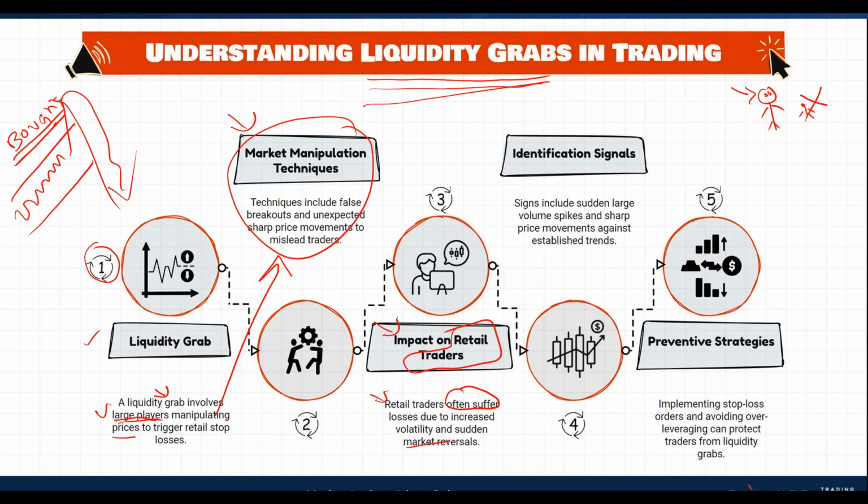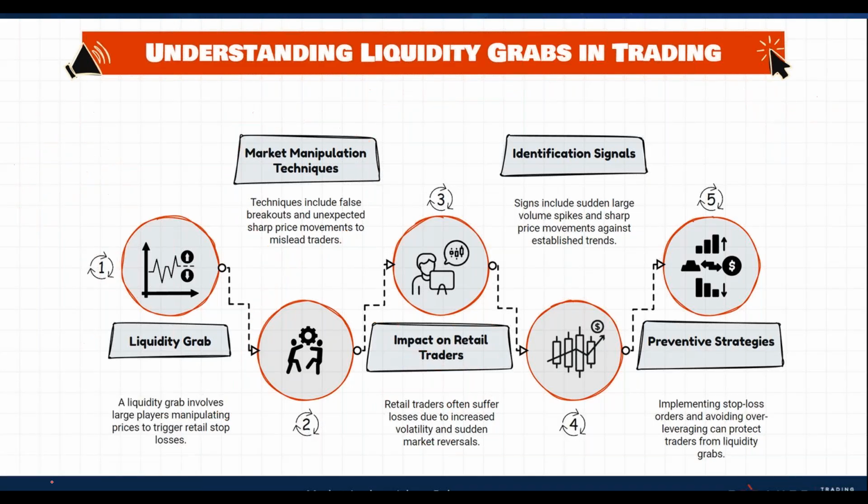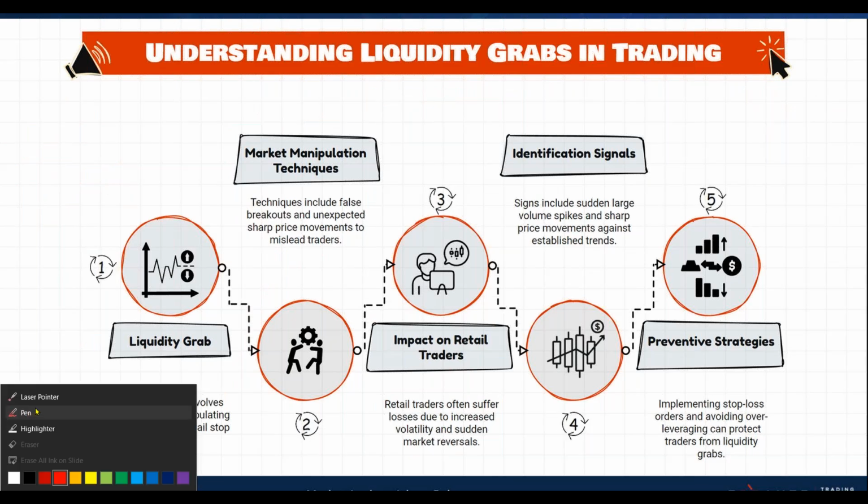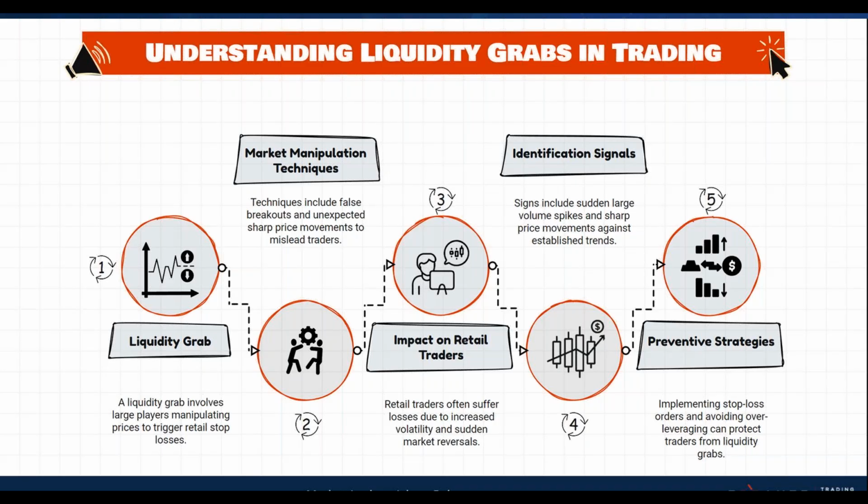So what happens is that this guy, when he, let me get this out of the way. Okay, see what happens is that the market is in a range, okay, over here. Then comes this big guy. I have named him as L, okay. And then what he does is he pushes the market towards the upside.